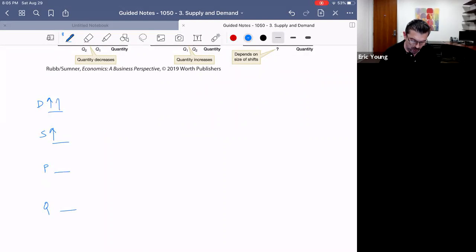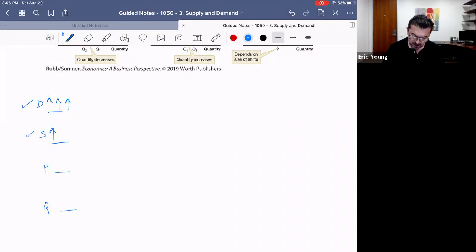So let's say that we're told that the demand shift is bigger than the supply shift, or the demand magnitude exceeds the supply magnitude. In that case, I'm going to put a couple of extra arrows there to really graphically reinforce that the demand curve shifts more than the supply curve.